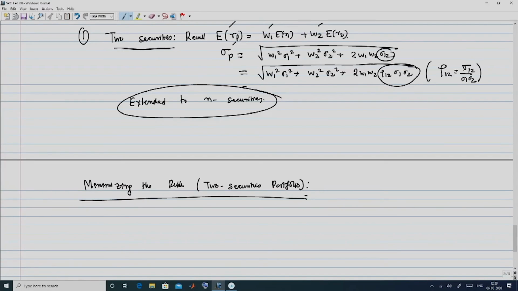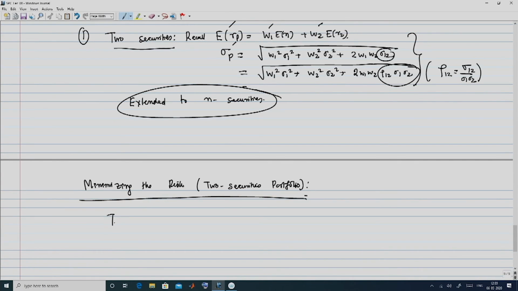And for the sake of brevity, I will start off with considering a two asset portfolio. And the goal is that amongst all the feasible portfolios that I have just now defined in case of this two asset portfolio, which is the one that is going to give me the minimum risk.